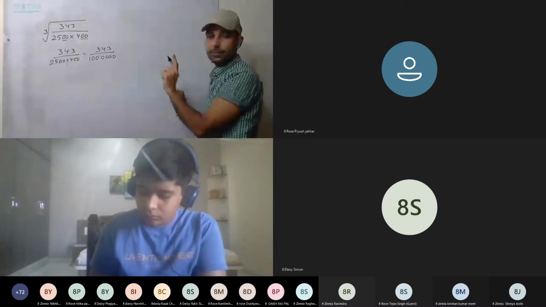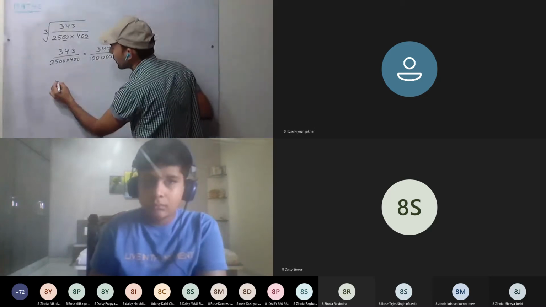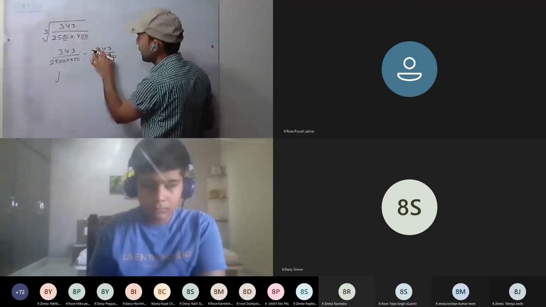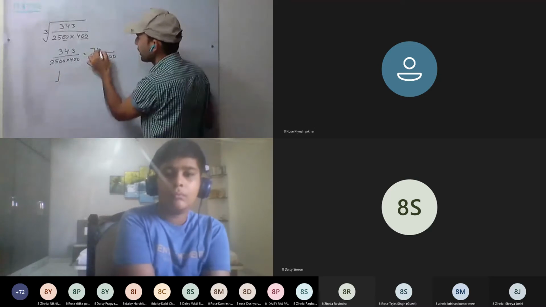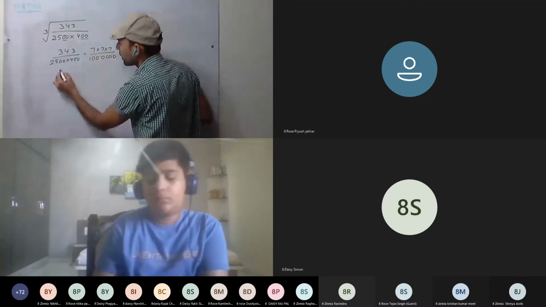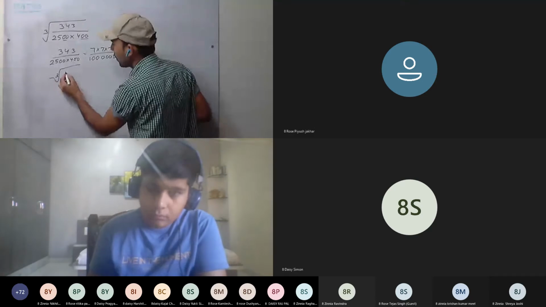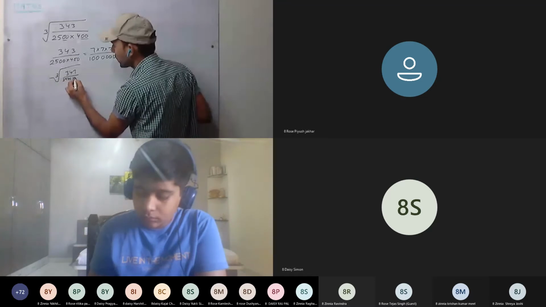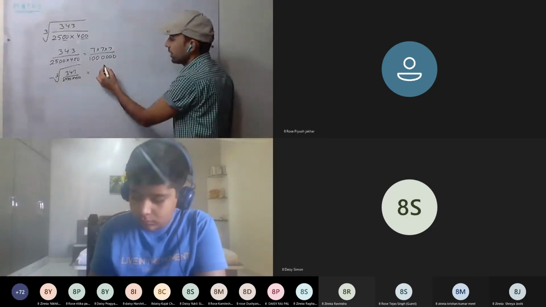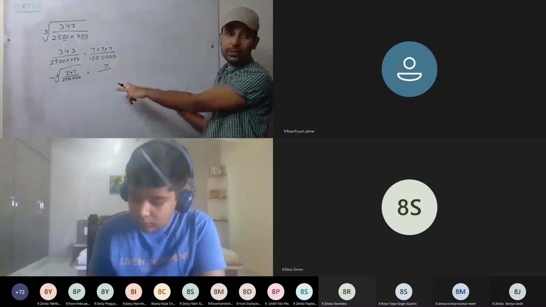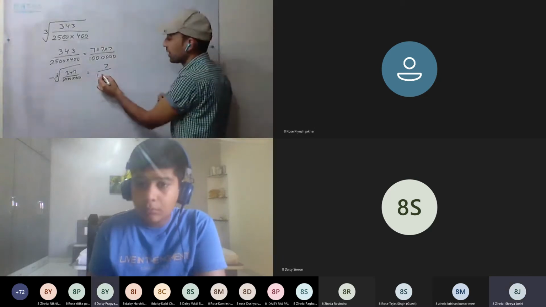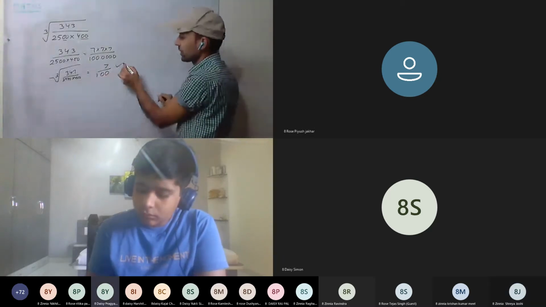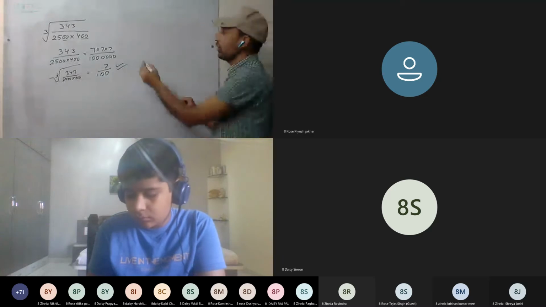Now 343 can be written as 7 into 7 into 7. The cube root of 343 upon 2500 into 400 is 7 upon the cube root of 6 zeros. So how many zeros will come there? 100. Yes or no?